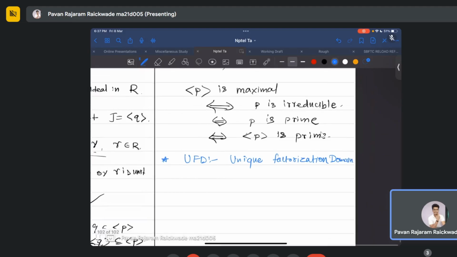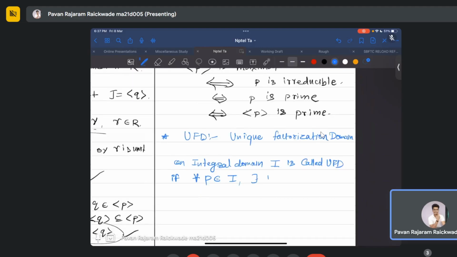So what this means is any element has a factorization which is unique up to associates. Right? Let I be an integral domain, for any P belongs to I.